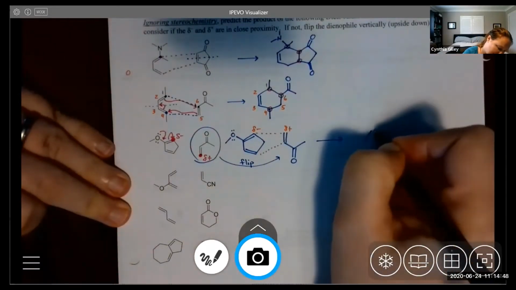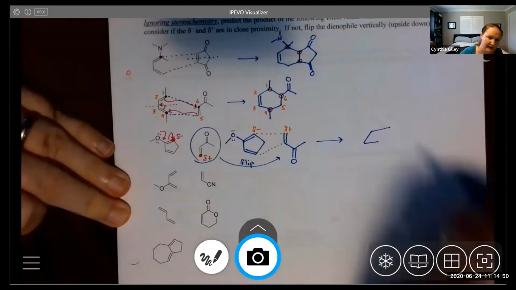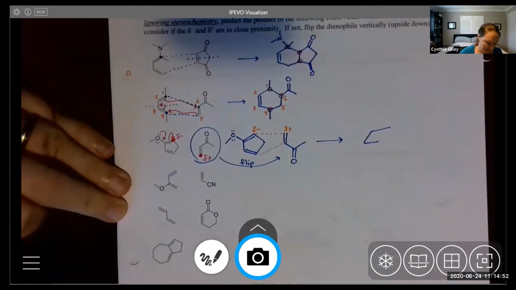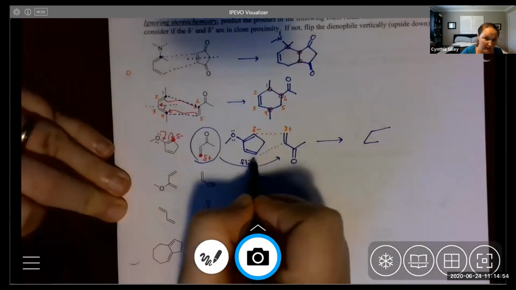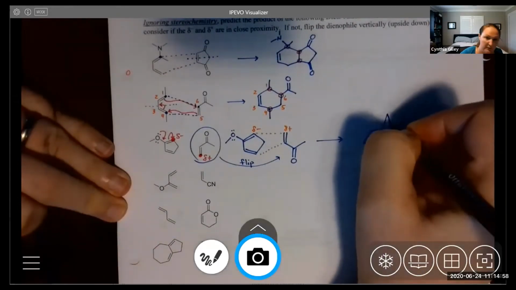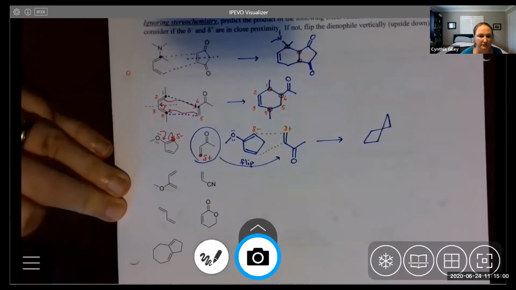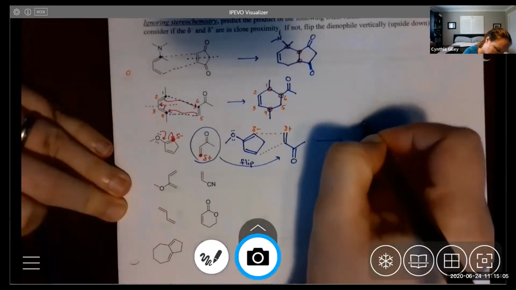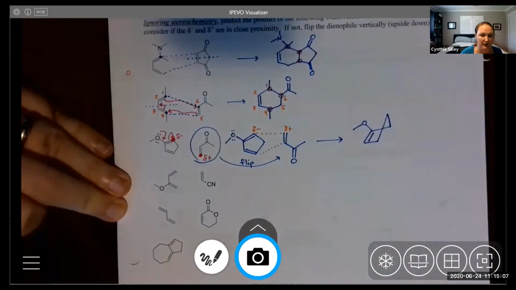So typically I start out with something like this. And then because I have a 1 carbon bridge in those two, I'm just going to come up for a 1 carbon bridge. Then my alkene will be here, my methoxy group, the diene is there.